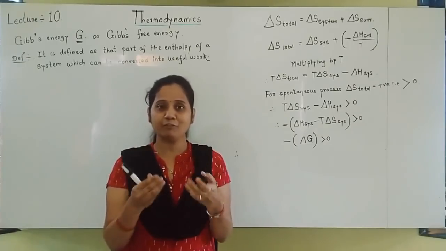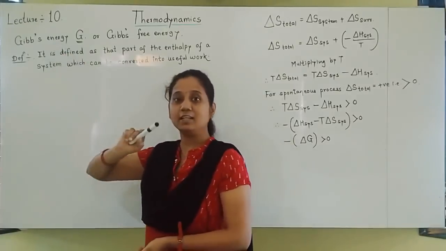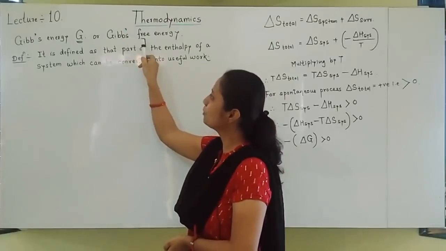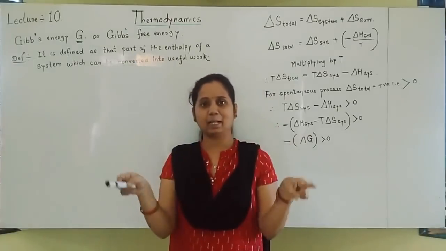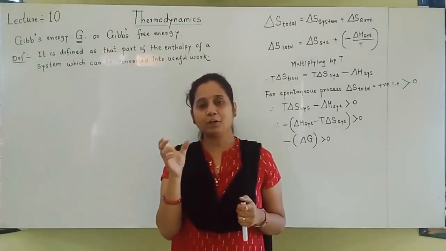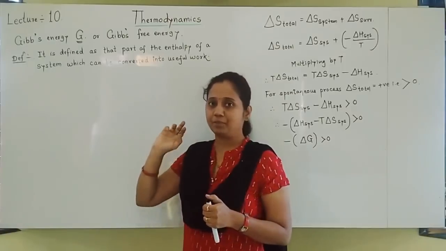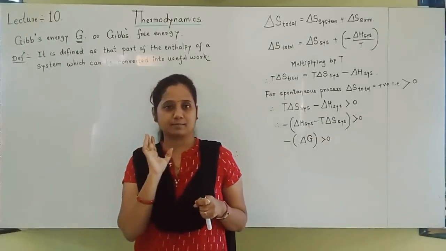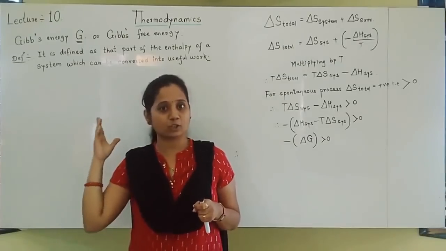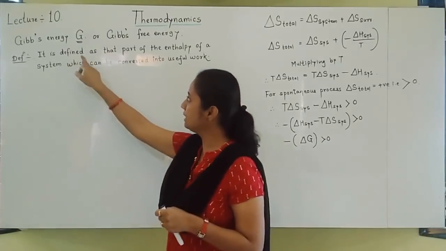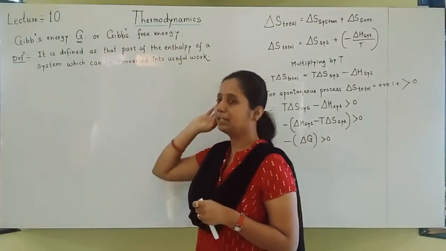That part is free for useful work, and that's why another name given for Gibbs energy is Gibbs free energy, because this is that part of the enthalpy which can be converted into useful work.